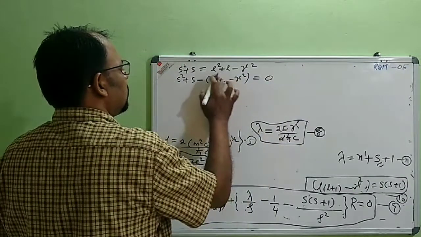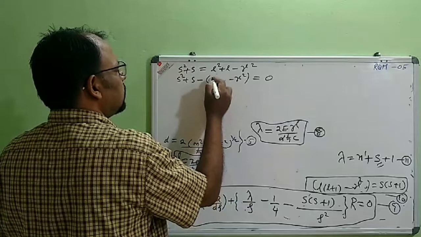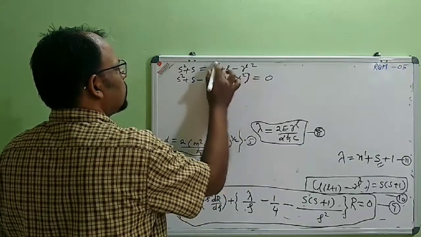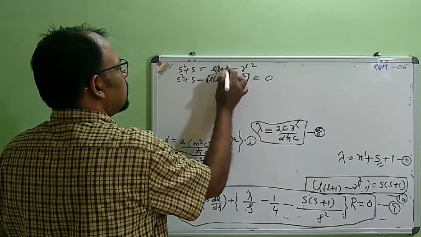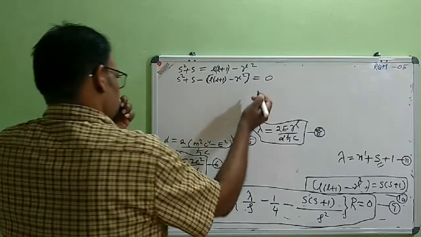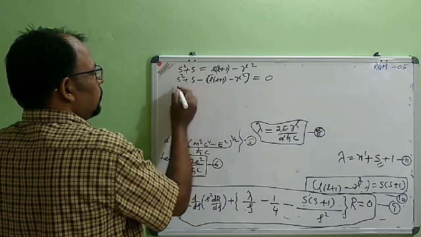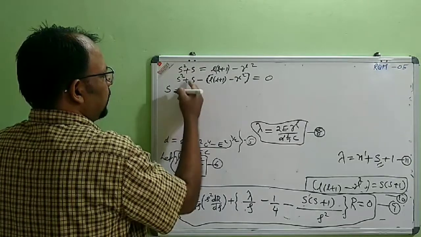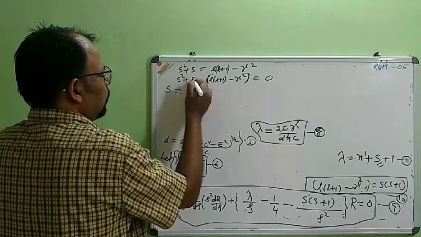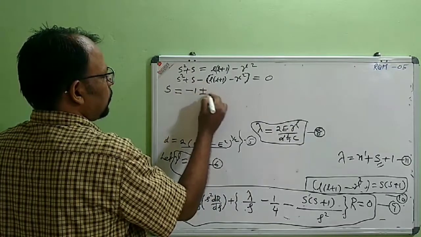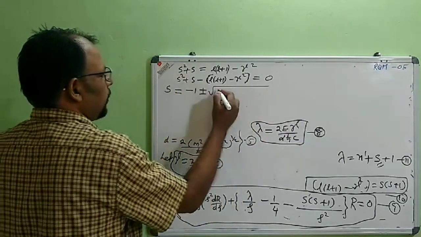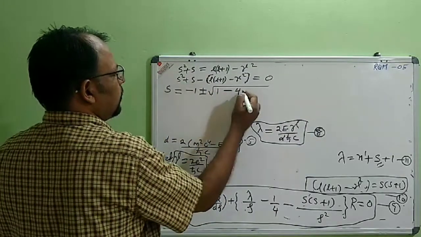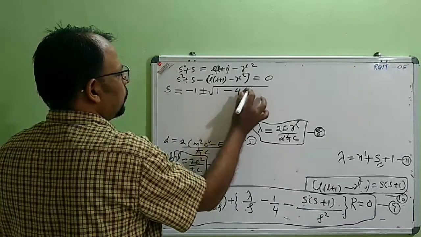Or write it as s square plus s minus of L into L plus 1 minus gamma square equal to 0. Now, solving this, we will get the value of s as s is equal to minus b, coefficient of s is 1, so minus 1, plus or minus root of b square, 1, minus 4 into a, 1, 4 into 1 into c.